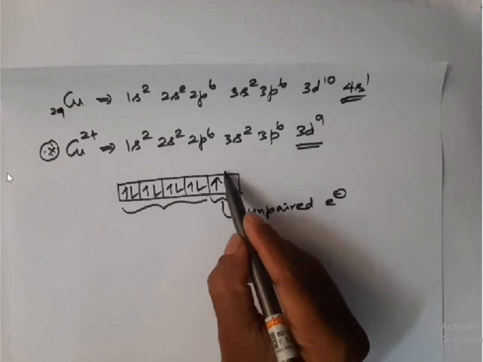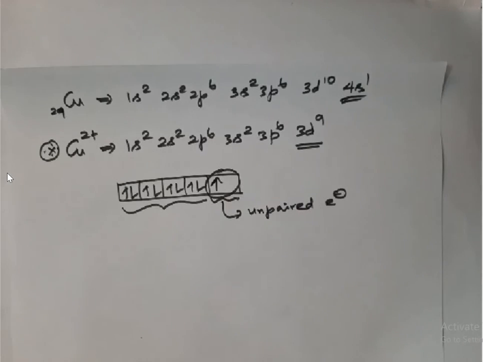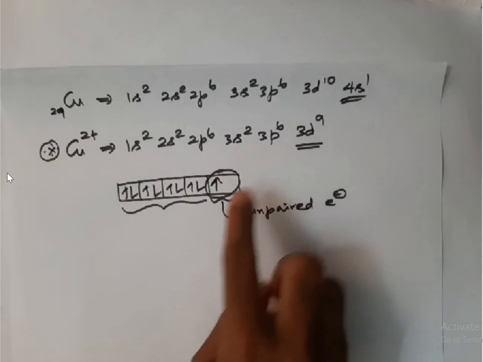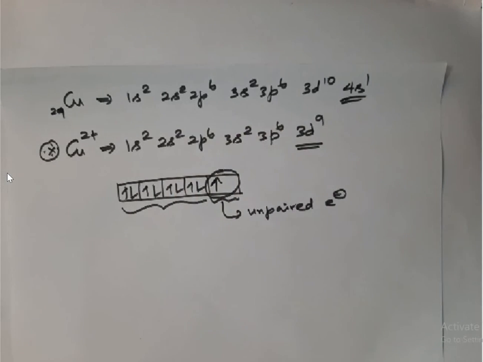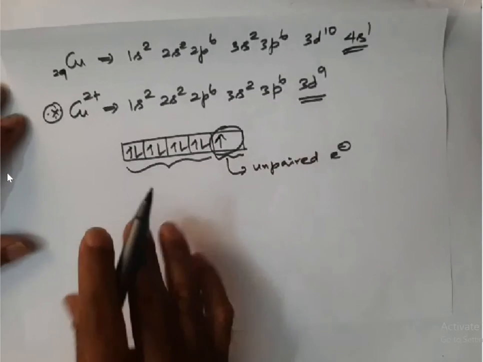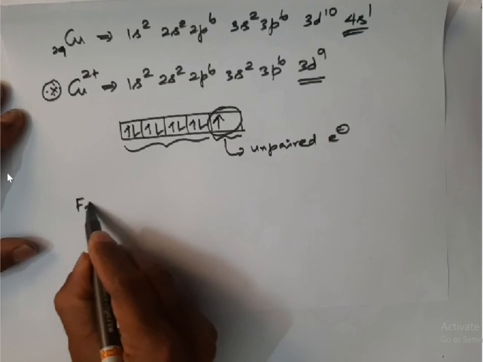I have one unpaired electron in the Cu2 plus ion. Remember, for a material to behave as paramagnetic, at least one unpaired electron should be there. So the cupric ion has one unpaired electron, so it will act as a paramagnetic material, right?